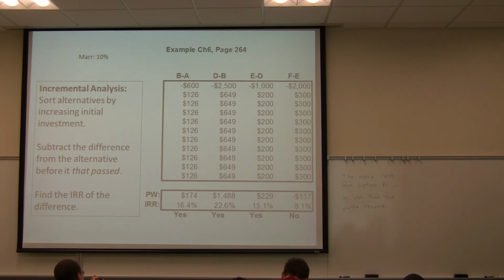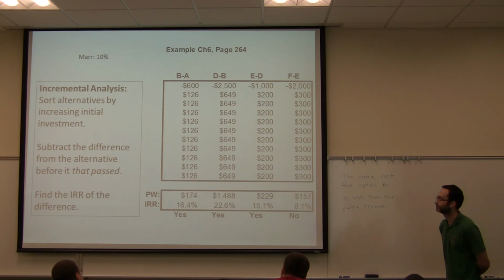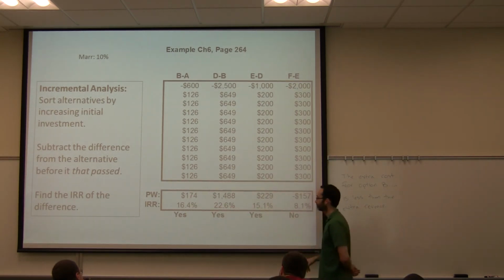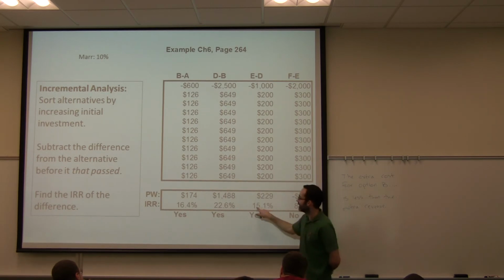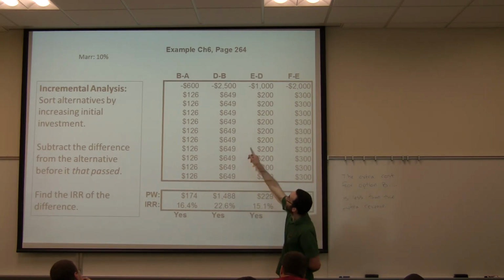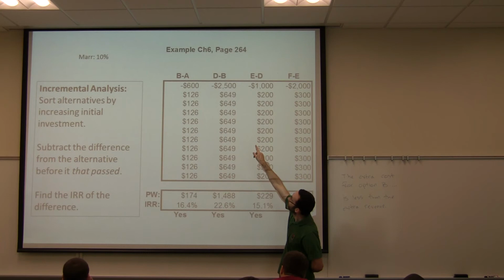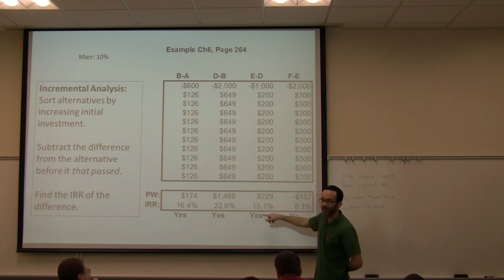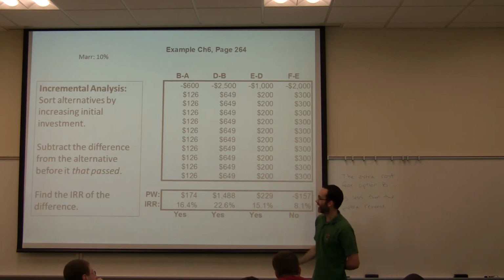So the internal rate of return, being the highest doesn't make any difference? Nope. Because this is just saying that compared to alternative B, the extra amount is making 22.6%. Well, that's great, but you don't want to maximize internal rate of return, you want to maximize profits.